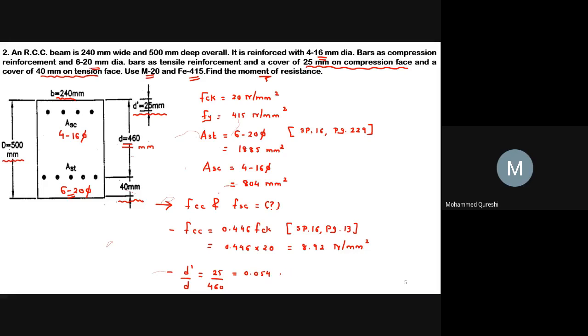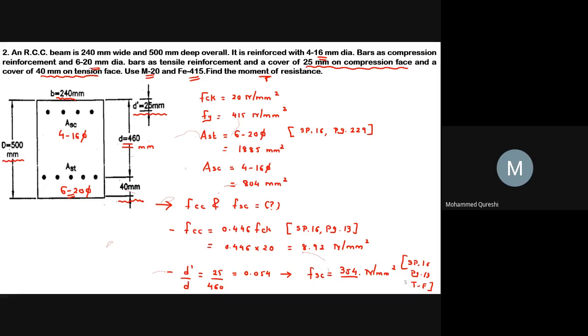Now Fsc values will be obtained from SP16 page number 13, table F, and you will get the value of Fsc as 354 Newton per mm square.